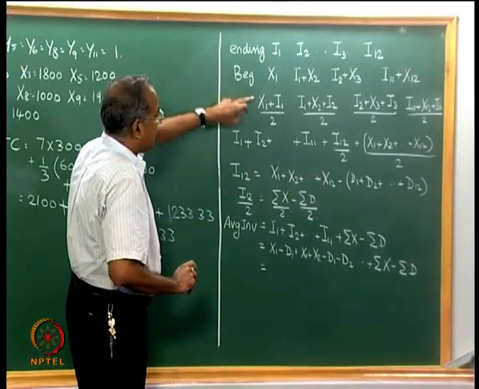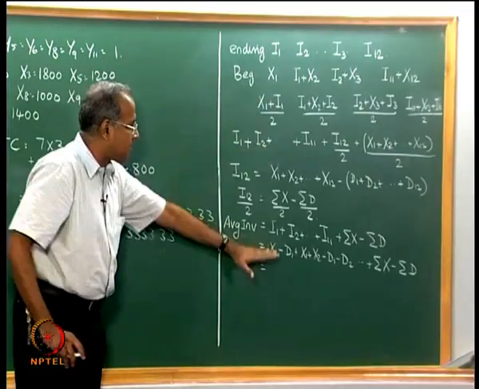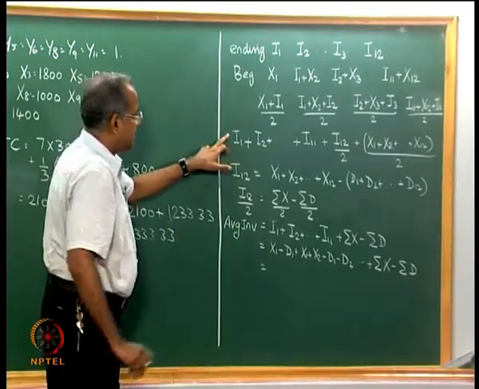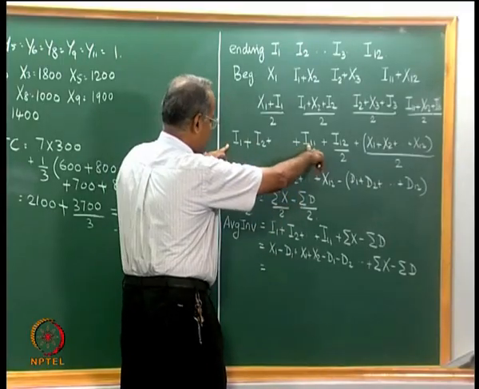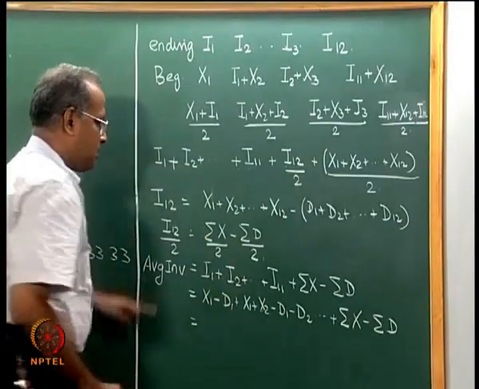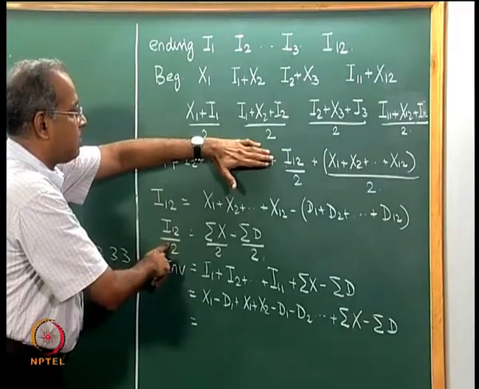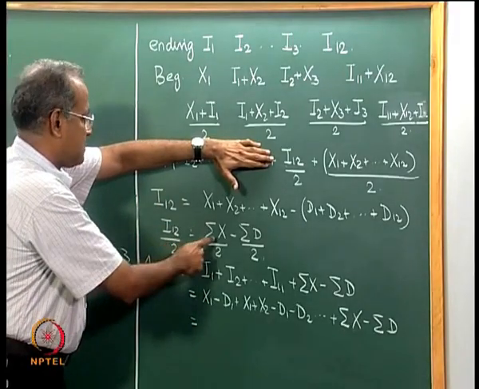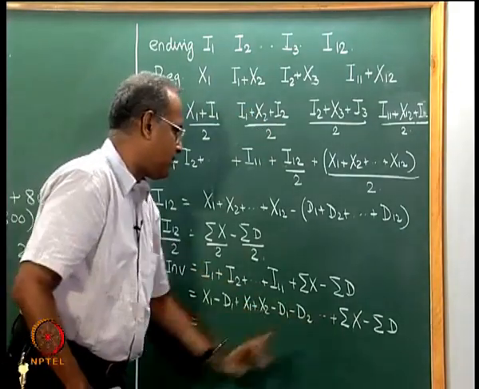The total inventory term is what I am writing here. Now, this term is I1 plus I2 up to I11 plus I12 by 2. This portion I12 by 2 is written as this.